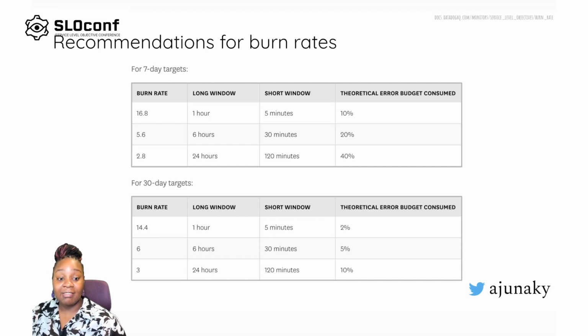In our last example, we looked at this top one, a 7-day target, where a burn rate of 16.8 over an hour will tell us about a theoretical error budget consumption of 10%. And here are a few others for a 30-day target. A 14.4 burn rate will tell us about a 2% error budget consumption over an hour, or over 2 minutes and so forth.